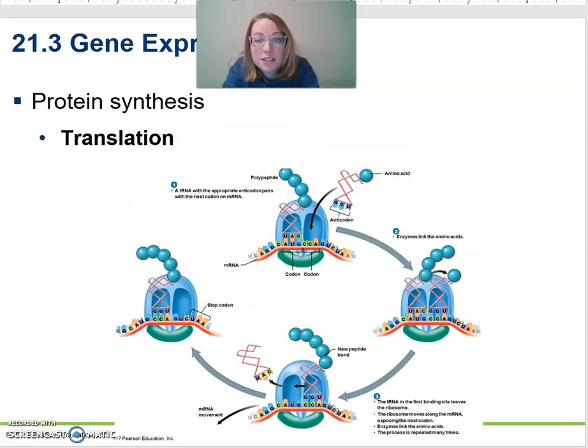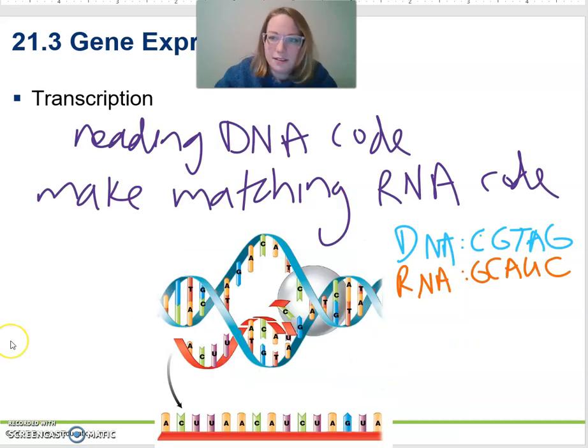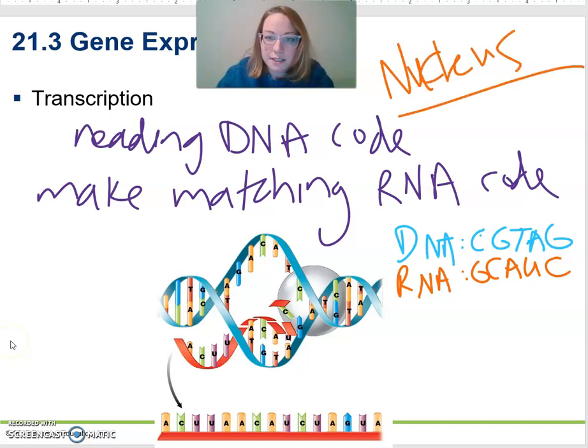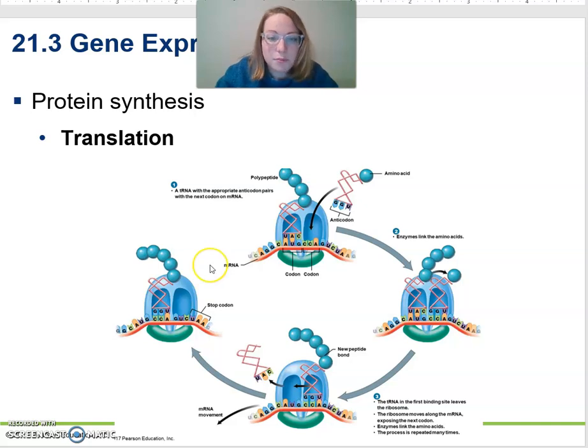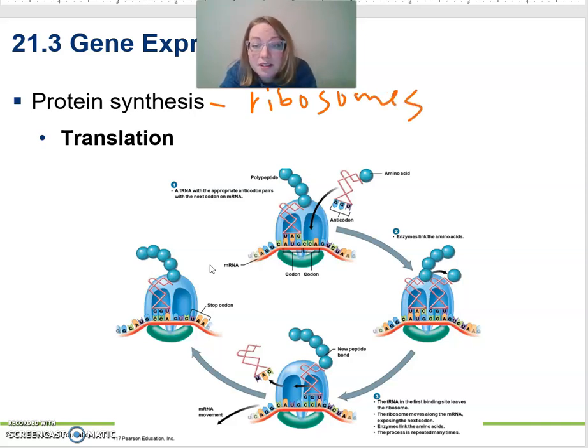And then translation is making proteins. So that occurs at, where did transcription take place? Where's DNA? The nucleus. Whereas protein synthesis, remember, that happens at ribosomes. There are some ribosomes free-floating in our cytoplasm, and there are some attached to the rough endoplasmic reticulum.